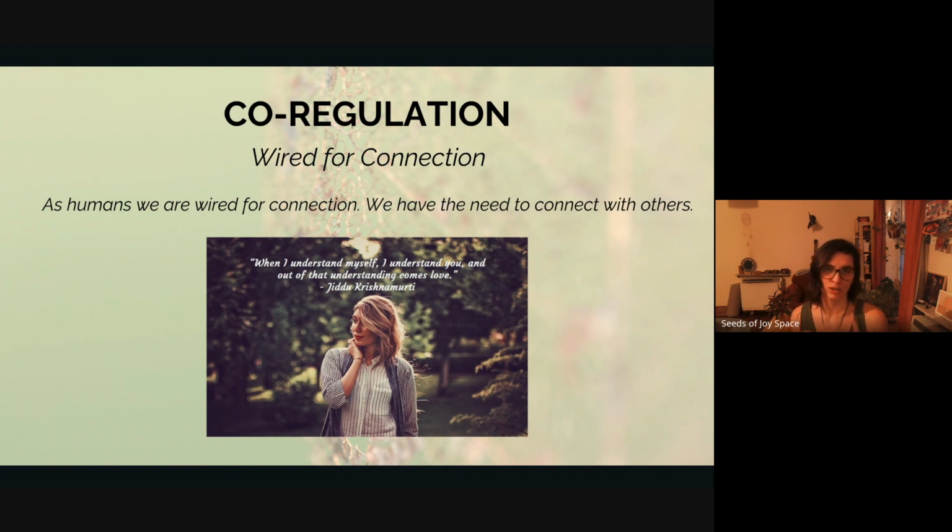When there is that connection with a therapist, for example, what is happening is co-regulation. There is space to feel safe, and we have the space to connect with our vulnerability as well. This is a way that we can support ourselves and nurture more safety within our bodies.